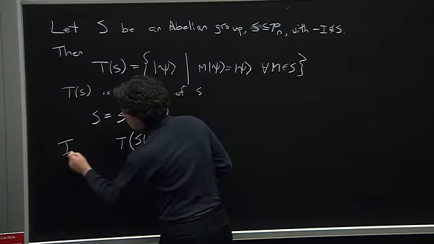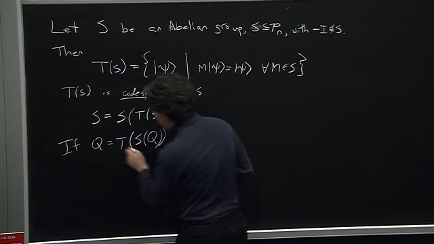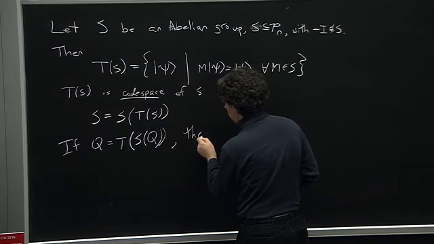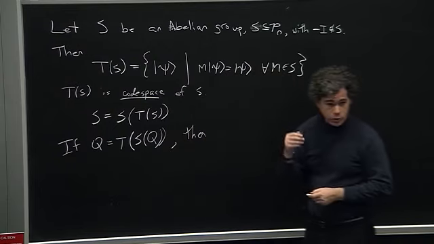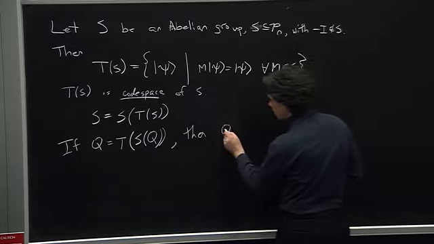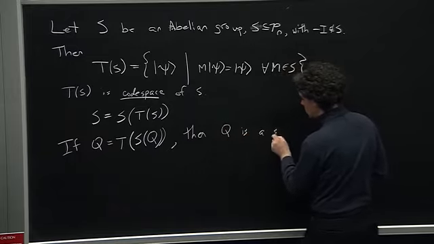But if you get back to the same thing, as you do for the 9-qubit code, for instance, then Q is called a stabilizer code.